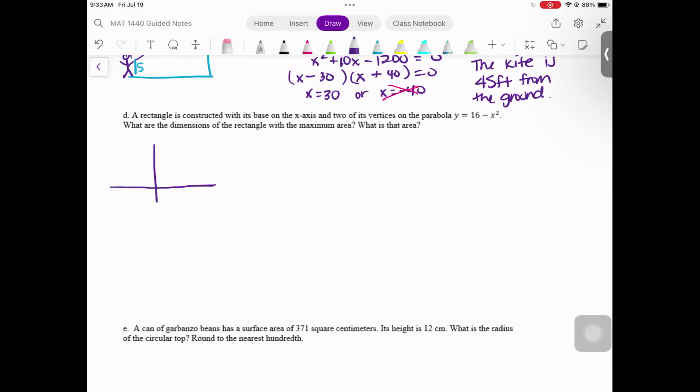That's going to be a parabola that opens down with a y-intercept of 16 and x-intercepts at 4 and negative 4. The rectangle is inside of this parabola with vertices on the parabola and its base along the x-axis.